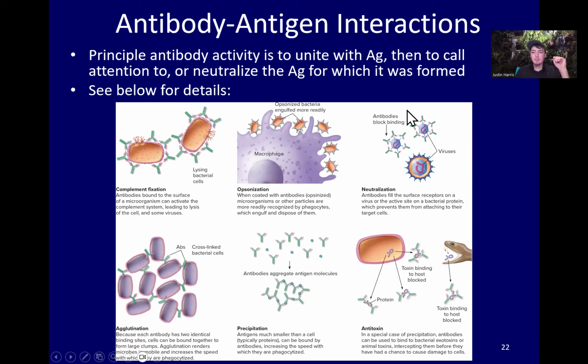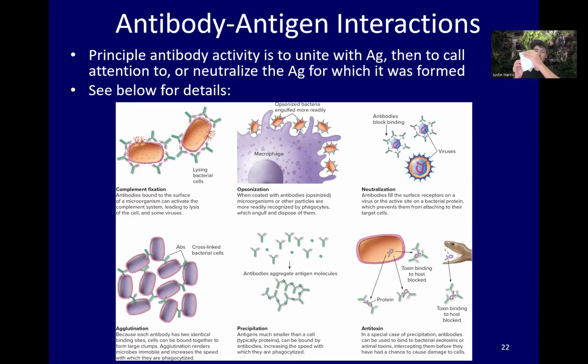You then have neutralization, which is kind of the same thing, where it's able to cover the surface of a pathogen in such a way that it isn't able to do what it needs to do. So for instance, if a virus needs to make contact with your cell to get into it to cause a problem, and you have an antibody that blocks that virus from recognizing it in some way, I don't have three hands, but like this, you have your cell receptor and you have your pathogen that can recognize it and go into your cell.